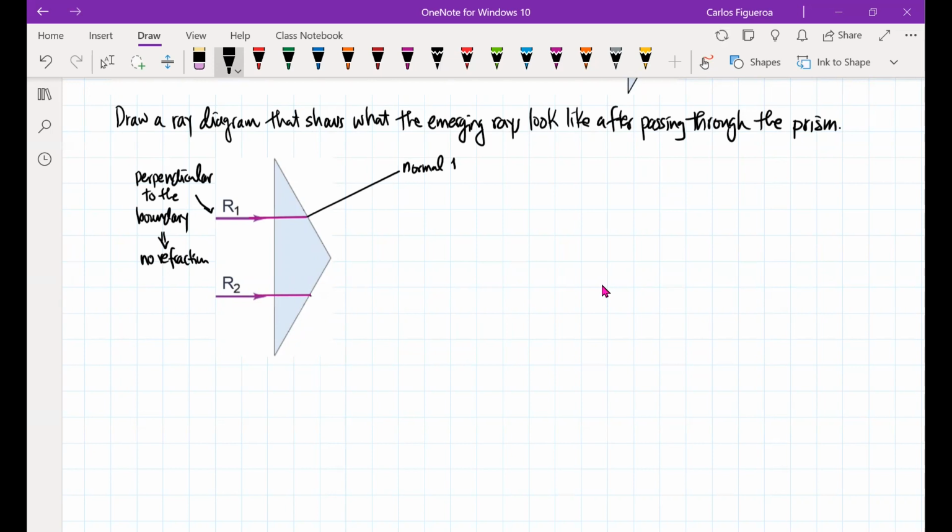And then here's my second normal, and this one's normal 2. So now what's going to happen? These rays are going to bend away from the normal. This is the unrefracted path. And again, I do the same thing for this one here.